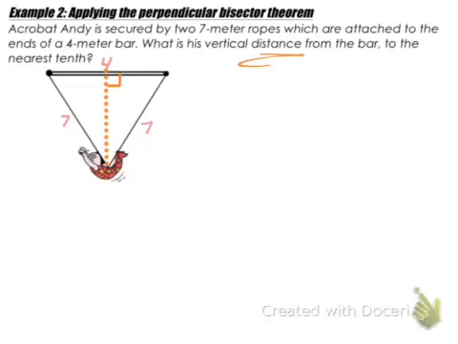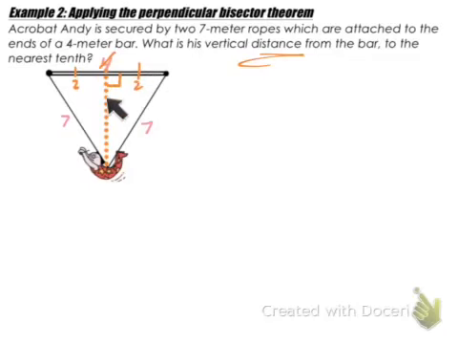Well, if we notice that he is the same distance from the endpoints of each part of the bar, then we're trying to find the distance from Andy to the bar. If we were to draw an imaginary line to that bar, that imaginary line would be the perpendicular bisector of that bar. So therefore, 4 is divided up into 2 equal parts.